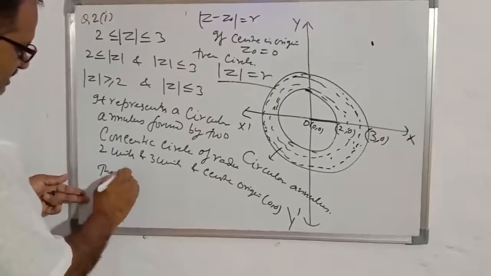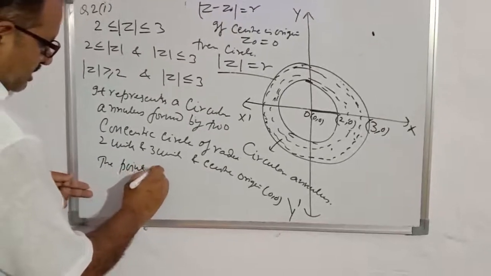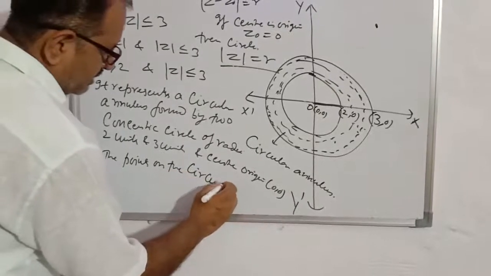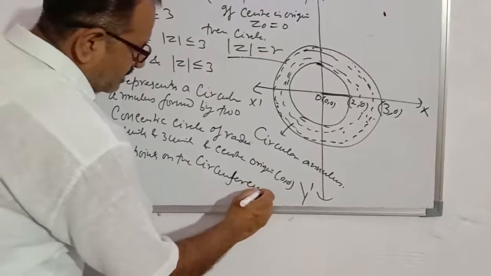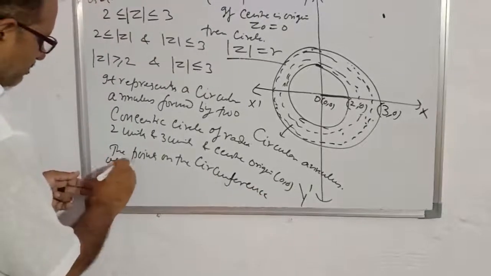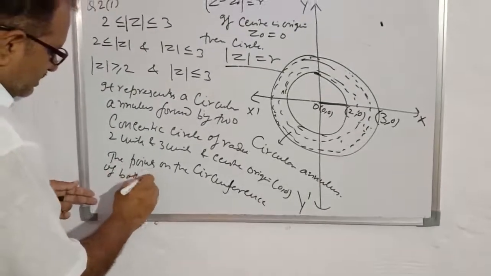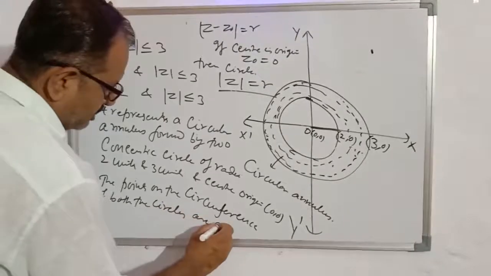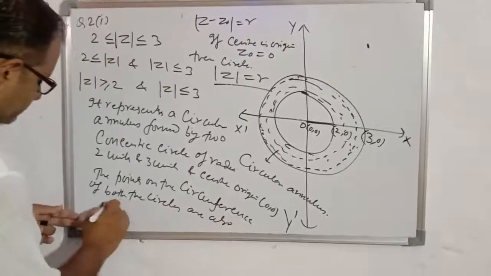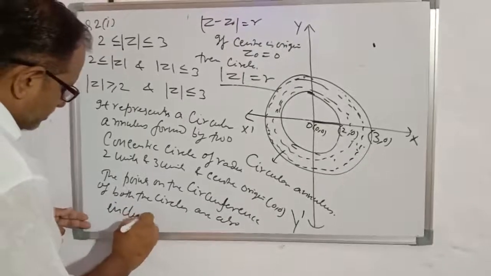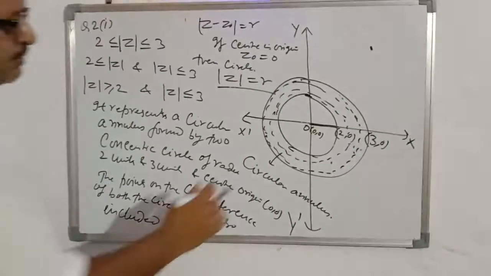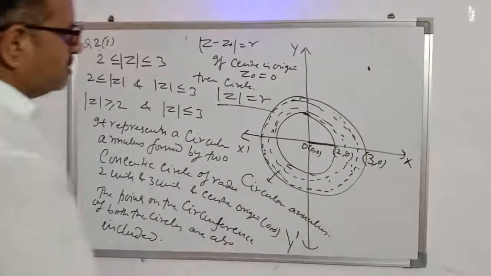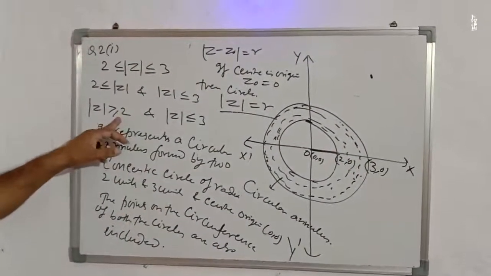The points on the circumference of both the circles are also included, because here the equal sign is there.